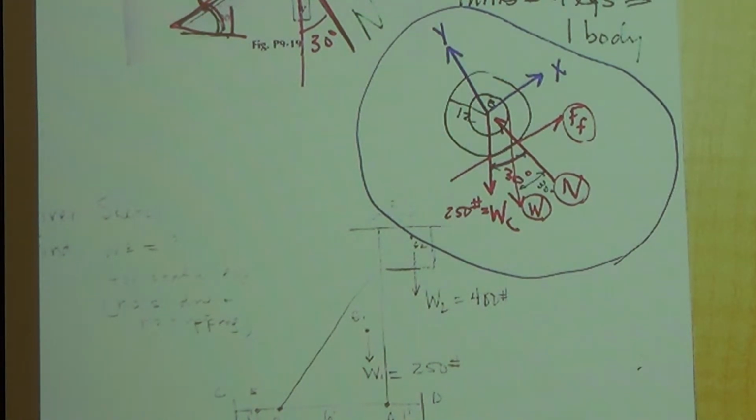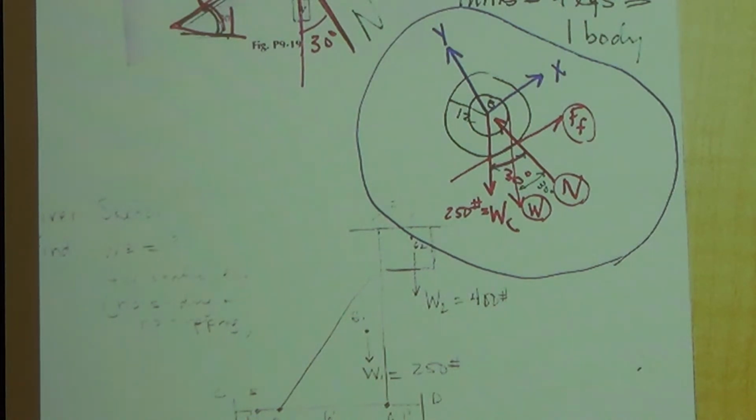So the WCX component is either equal to 250 times, what we've always done is we've used the direction angle. So the direction angle to the positive x-axis would be 90 plus 30, which is 120. Or it's also equal to 250 times the cosine of 60, but it has to be a negative.